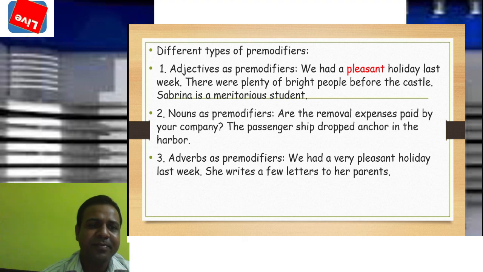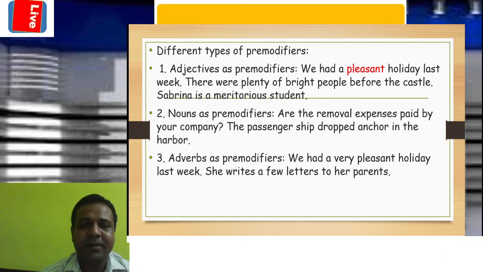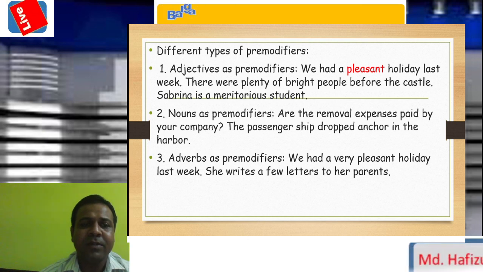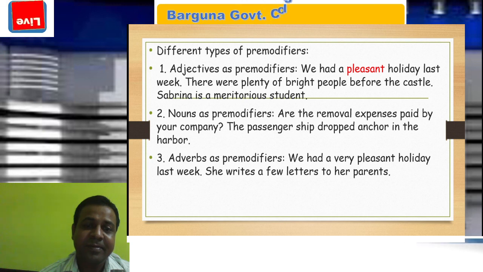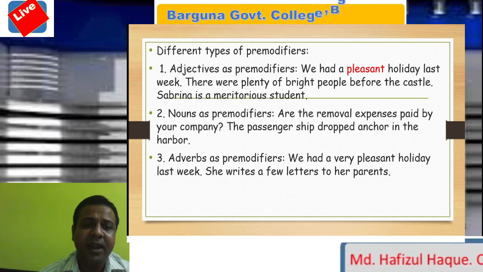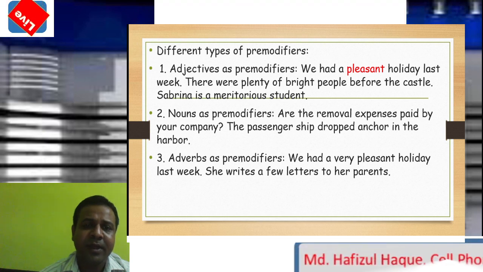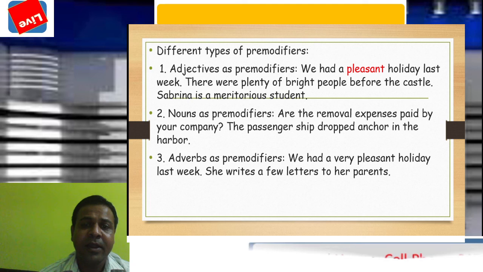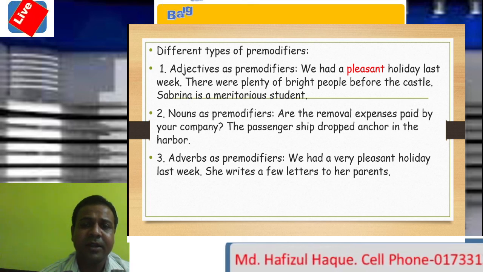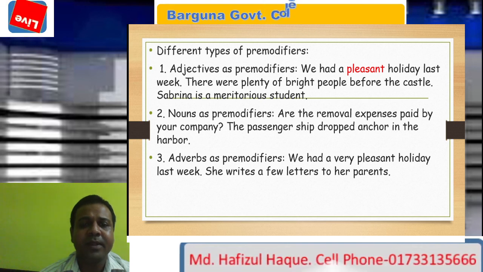Next, number 2, nouns as pre-modifiers. You know, nouns can be placed before a noun. In some sentences, nouns are used as adjectives, and it gives the expression that it is used as an adjective.